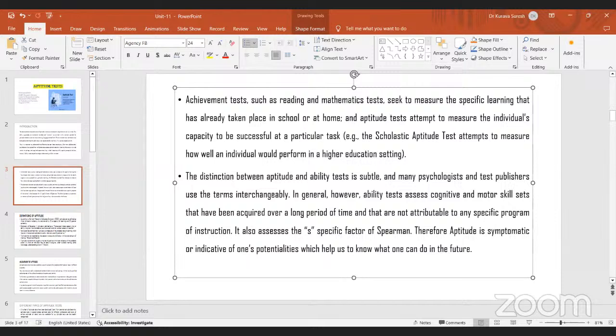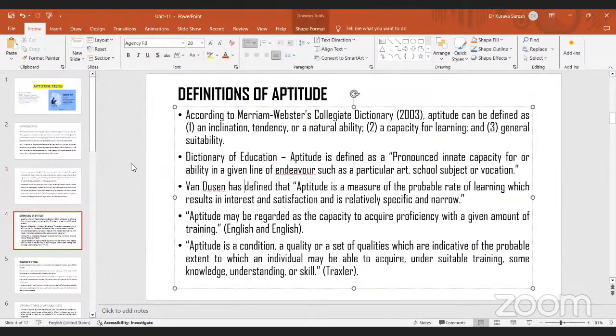Therefore, aptitude is symptomatic or indicative of one's potential, which helps us to know what one can do.